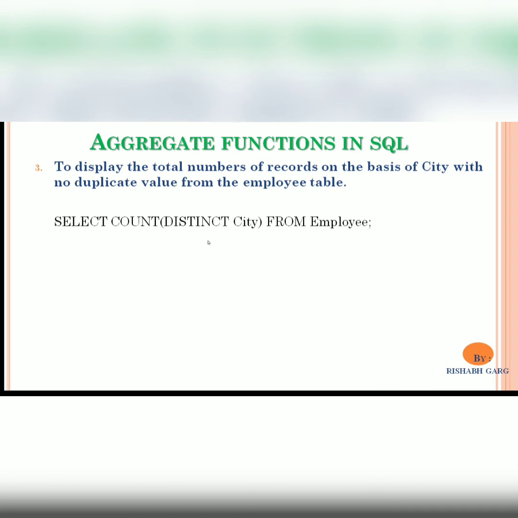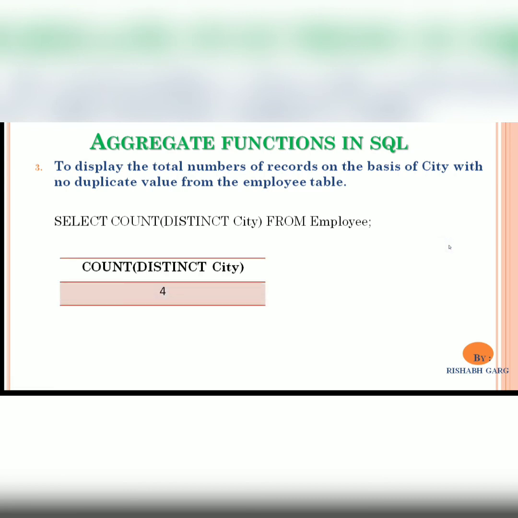Then after, we will use the field name, that is city, along with the distinct clause because we don't want to display the duplicate values. Then after, we will use the from keyword. After that, we will use the table name, that is employee, and after that we will write the semicolon for terminating our command. After executing this command, it will display the following result.